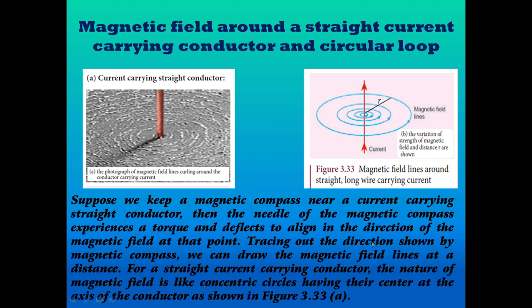Tracing out the direction shown by the magnetic compass, we can draw the magnetic field lines. For a straight current carrying conductor, the nature of the magnetic field is like concentric circles having their center at the axis of the conductor, as shown in the figure.